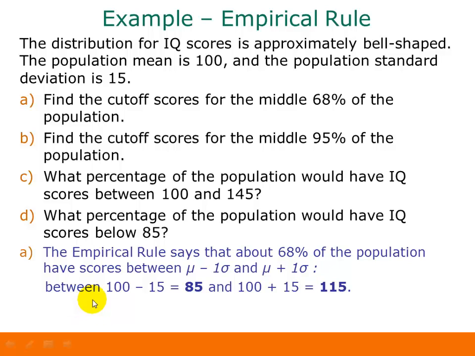So if our mean is 100 and our standard deviation is 15, then we're just going one standard deviation on either side of the mean. If we go one standard deviation below the mean, that would get us down to 85. One standard deviation above the mean would get us up to 115. So about 68% of the population have scores between 85 and 115.